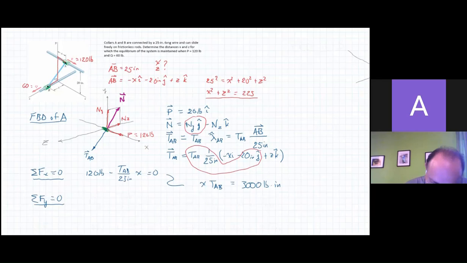So we have NY minus negative TAB over 25 inches times 20 inches. This summation is also equal to 0. So from here we get NY equals 0.8 TAB.